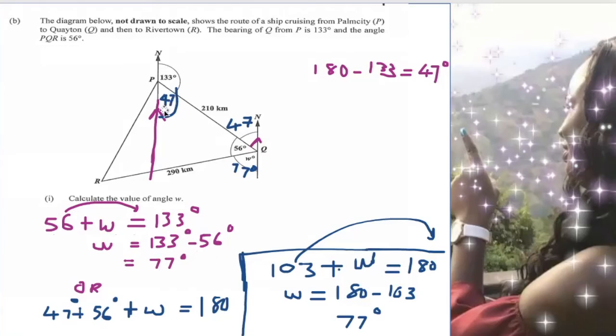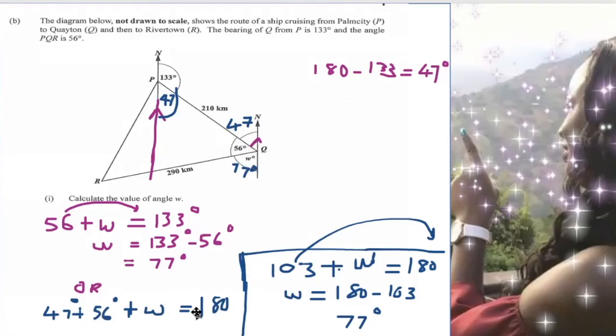Another way, angles on a straight line add to give us 180. So if this is 133, we know that this will be 47 because 180 minus 133 gives me 47. Now, since this is 47, alternate interior angles, this will also be 47 degrees. Now, angles on a straight line add to give us 180, so 47 plus 56 plus W should give me 180.